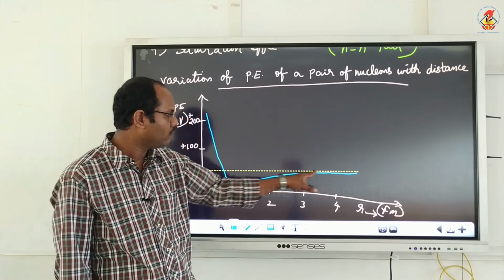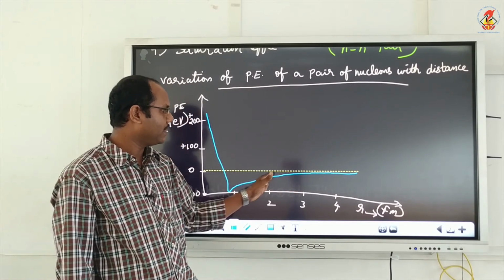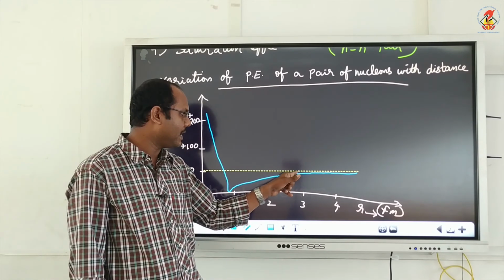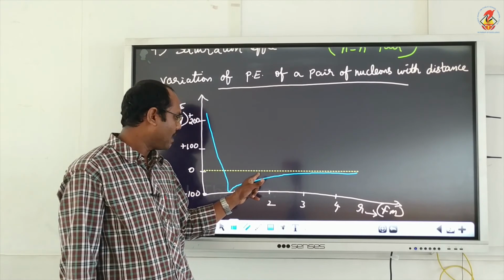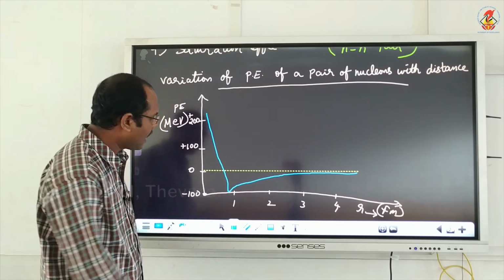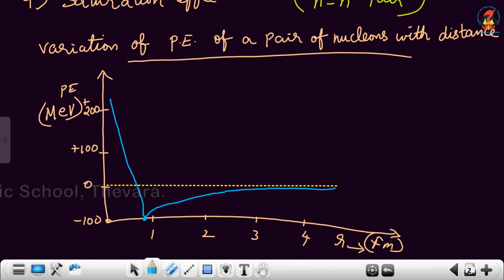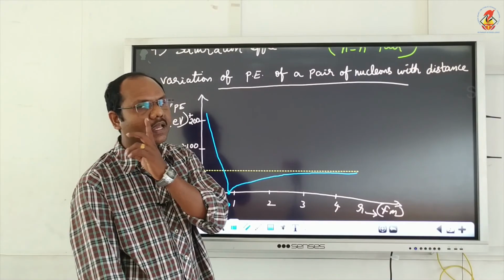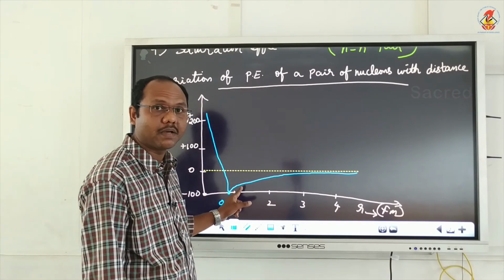Here there is no force of attraction, and after 3, below 3 slightly force of attraction is happening, and force of attraction is maximum at this point. This point is around 0.8 Fermi meter. At 0.8 Fermi meter, the attractive force will be maximum.